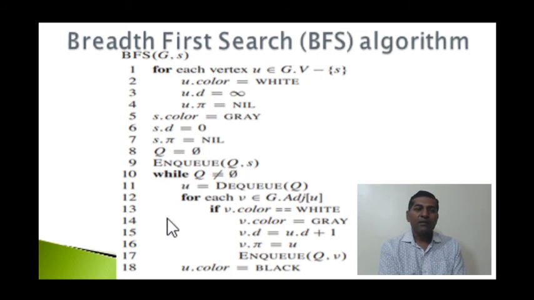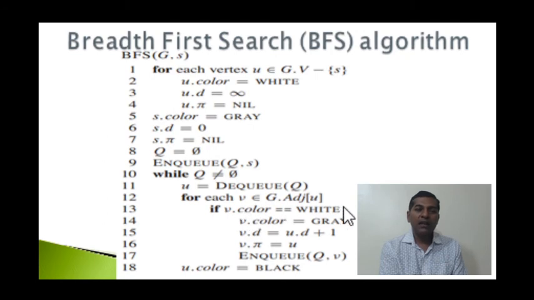Then we have a while loop whose condition is that we keep doing the job until the queue is empty. So this is the condition. Dequeue Q: we already inserted S as the starting vertex into the queue, so we take it out. Now u is equal to S, the starting vertex. Every vertex adjacent to u should be verified.